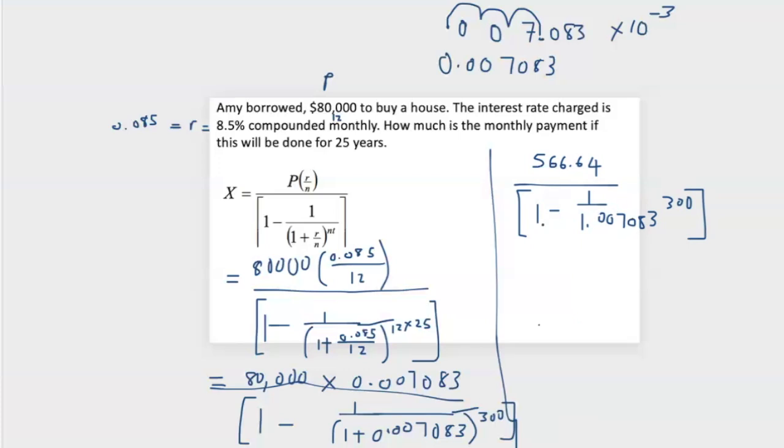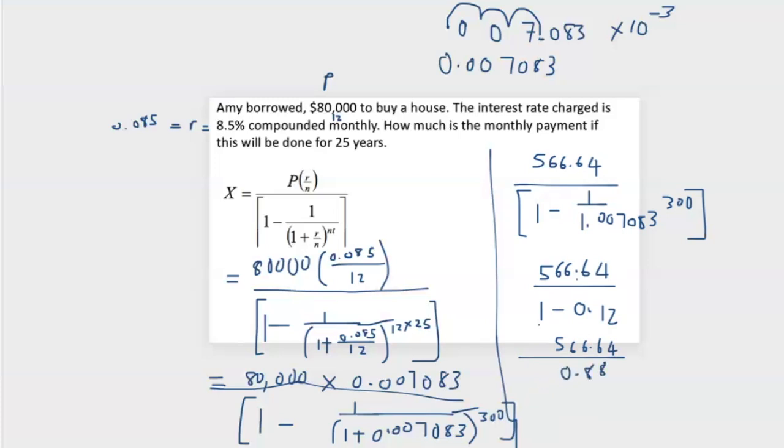So when you put that in a calculator, let me write the 566.64. You'd have 1 minus 0.12. So 566.64. And then you do 1 minus 0.12. That would be 0.88.